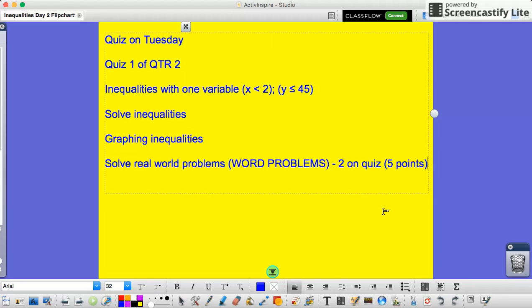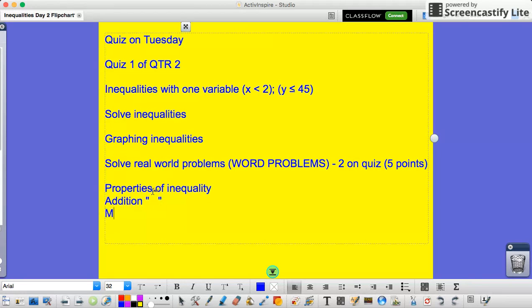Another thing that is on the quiz is properties of inequality. If you have to add to both sides of an equation, it's addition property of inequality.